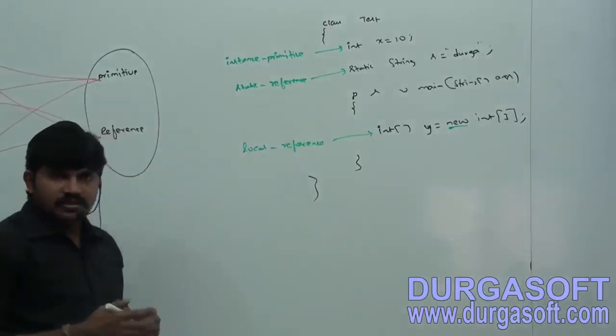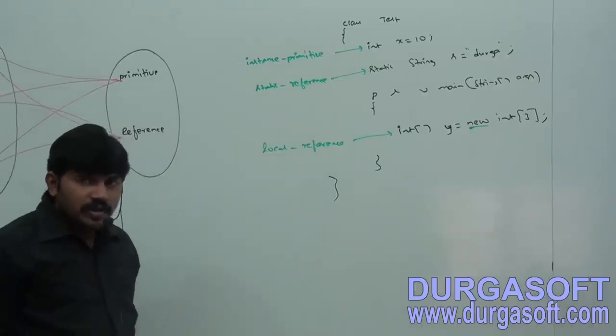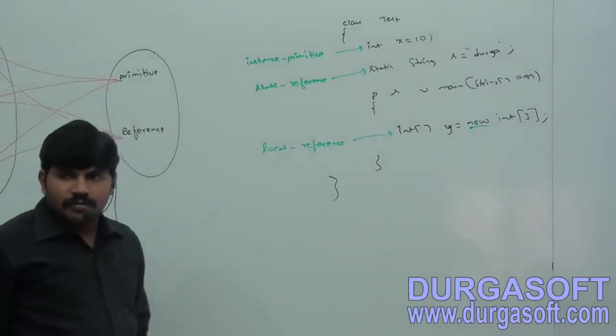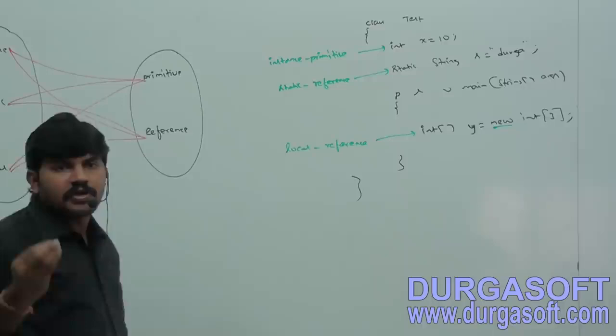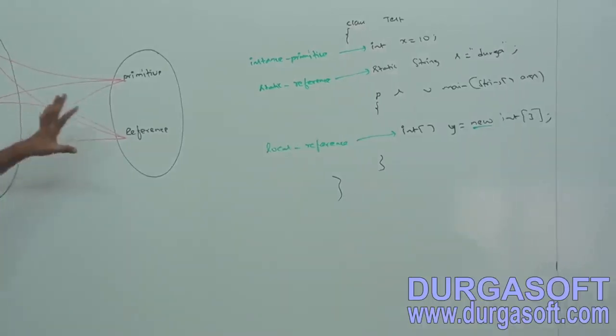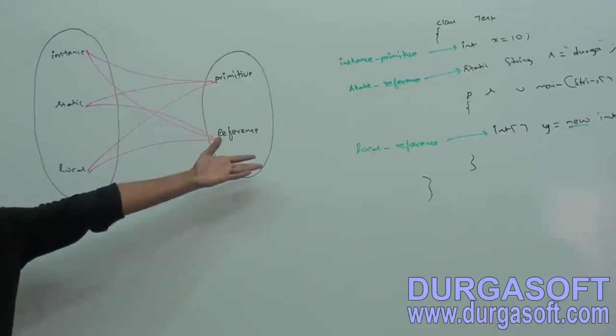Now it is clear. Some people may ask whether an instance variable can be primitive or reference, or a static variable can be primitive or reference. So these are the various possible combinations of variables in Java, and this is the example.